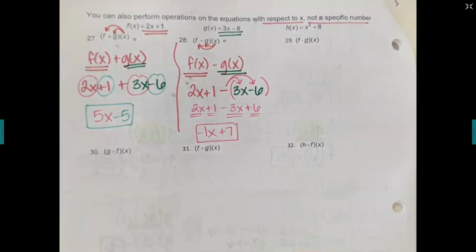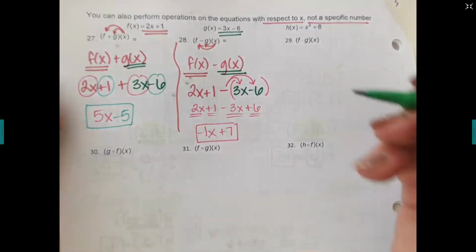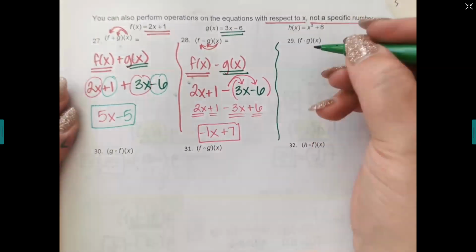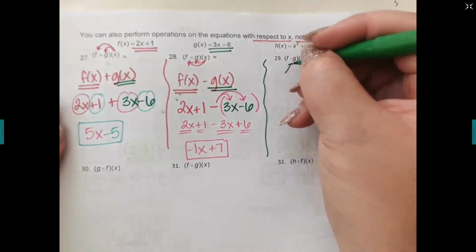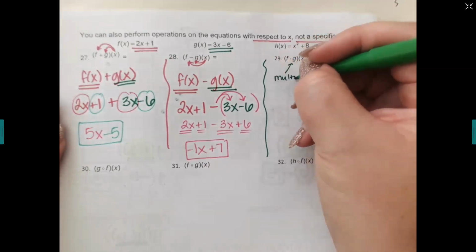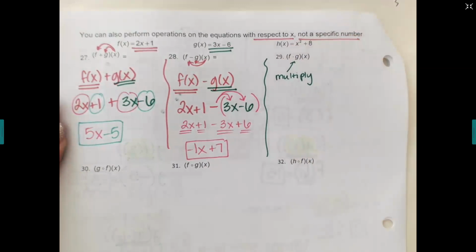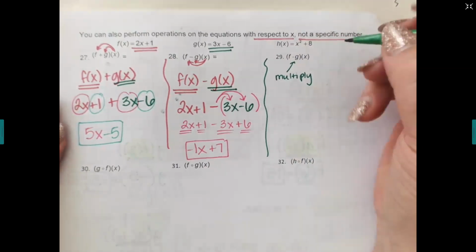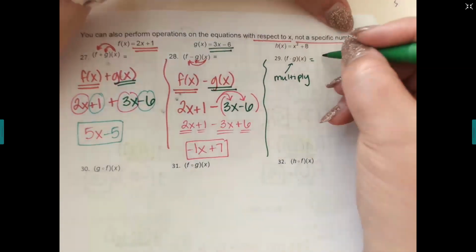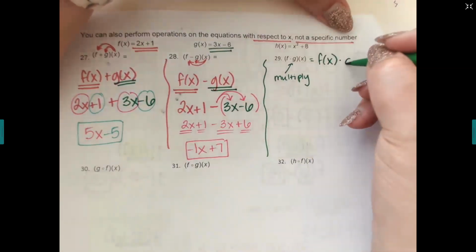Number 29, look at your operation in the middle. Okay, if it's a little dot like that, that's a multiply dot. And so if I'm asked to multiply f dot g, that means that I'm doing f of x times g of x.